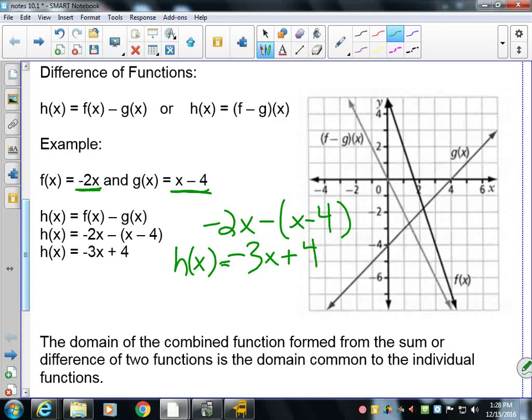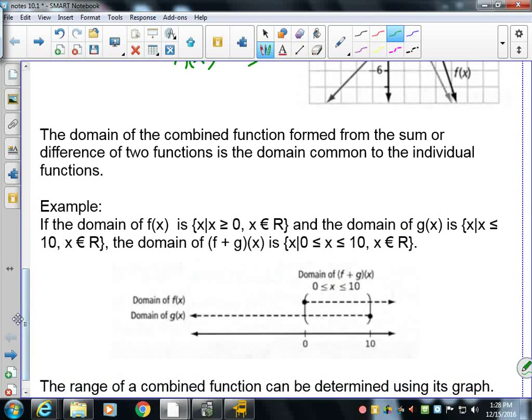Now, to find the domain, I really want to talk about this domain section. The domain of a combined function formed from the sum or the difference of these functions is common to the individual functions.